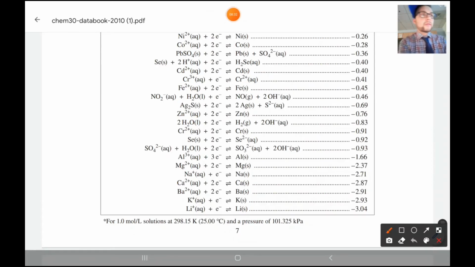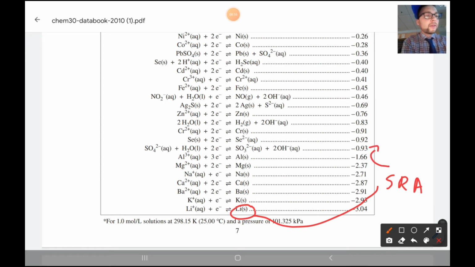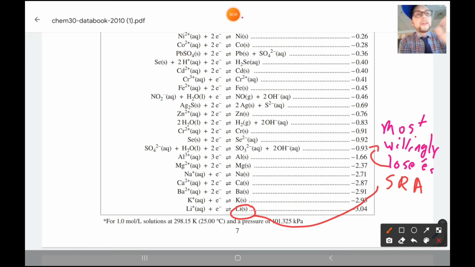Now, in contrast to that, we're going to focus on the right side of the table and look at something like lithium solid. Lithium solid has the weakest attraction to its electrons, but what that does is make it the strongest reducing agent, which means it'll most willingly lose electrons.